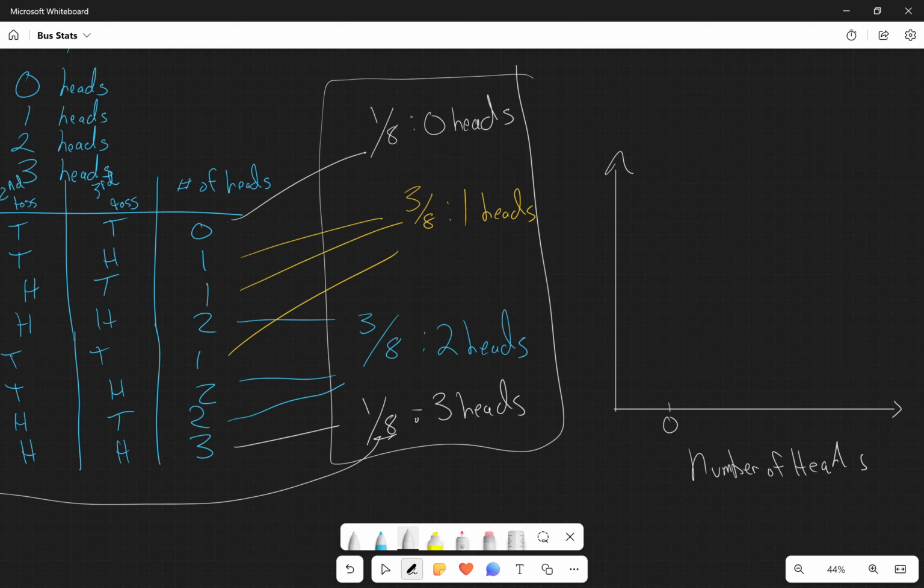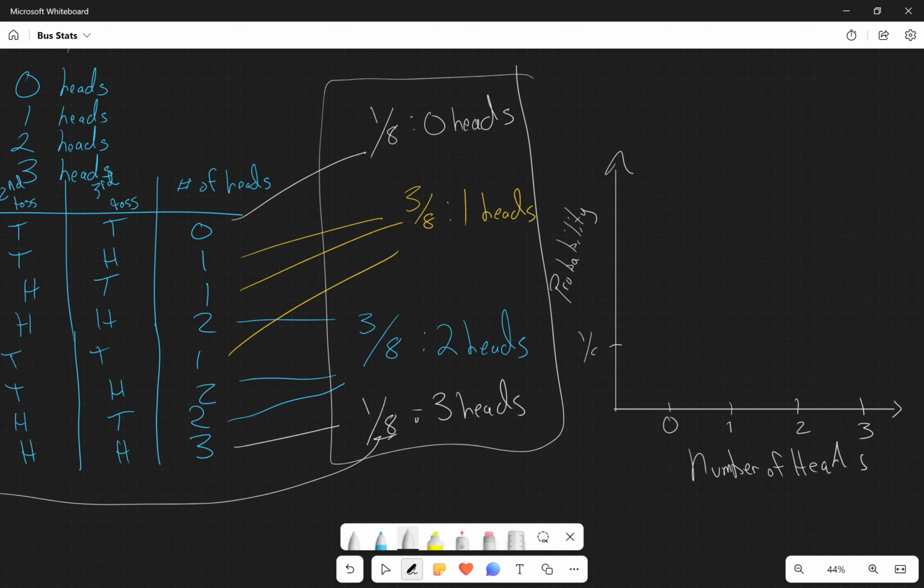But 0 is a category here, not necessarily an ordinal value. So whenever 0 is a category, you're going to want to give it a little bit of space from the origin. 1, 2, and 3, right? We have 4 different outcomes. So these are the different outcomes on the bottom, and then we have the probabilities on the y-axis.